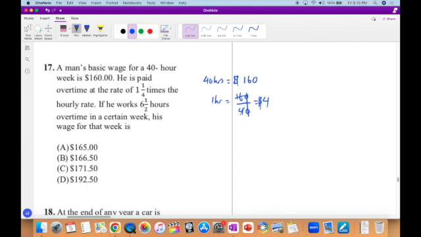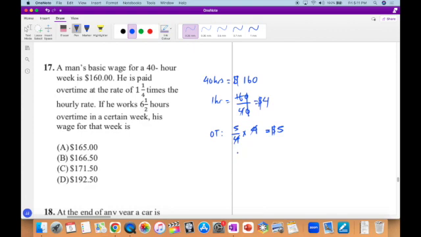He is paid overtime at a rate of 1.25 times the hourly rate. So 1.25 times 4 is $5. That means that for overtime he'll get paid $5 an hour if he works 6.5 hours overtime.